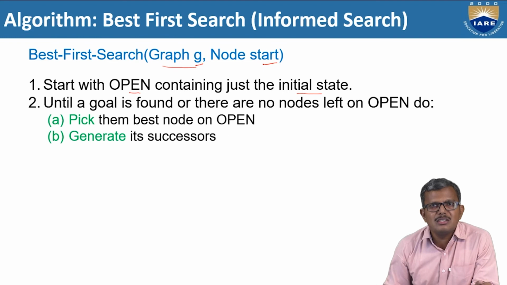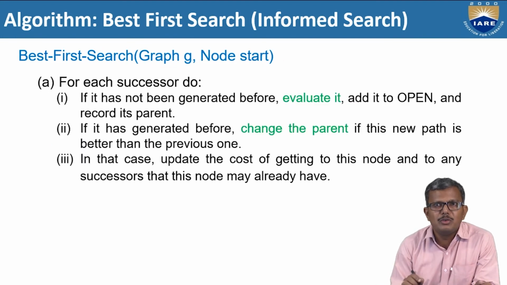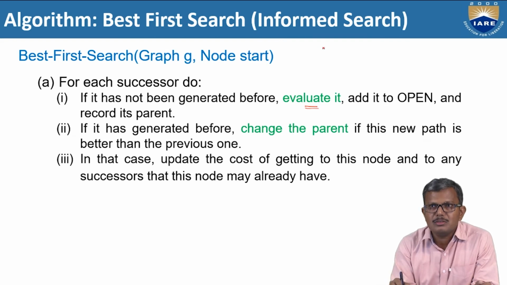Once the successors are generated, we need to evaluate them. For example, think that there are A, B and C. Whenever you identify B and C, that means you have successfully generated the successor nodes of A. Once it is done, the next duty is to perform the evaluation process.